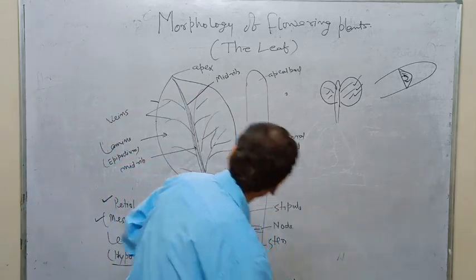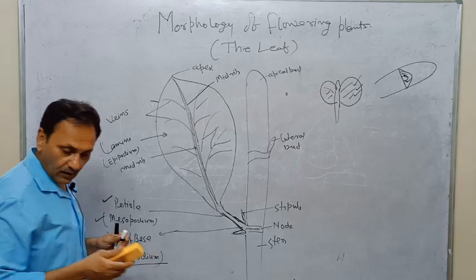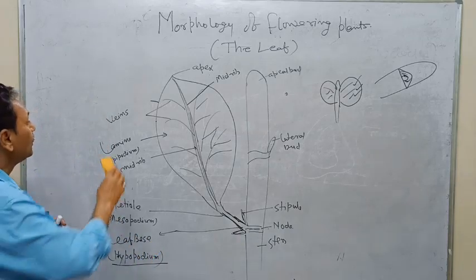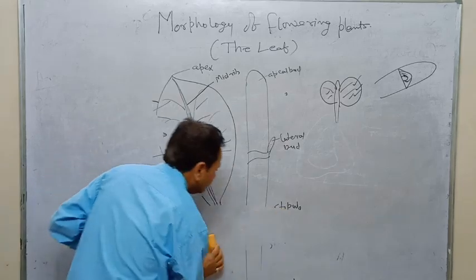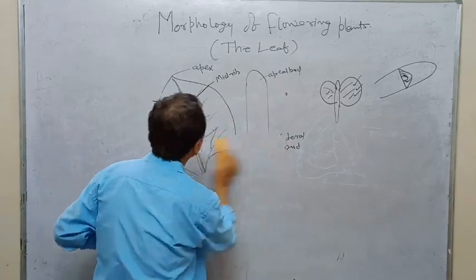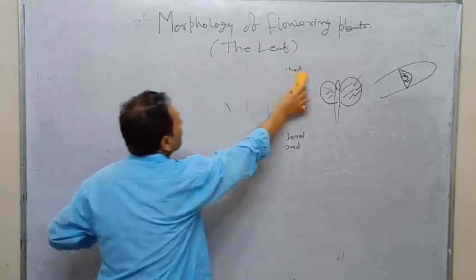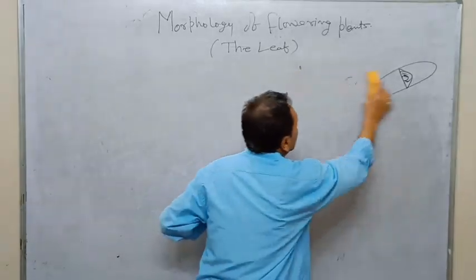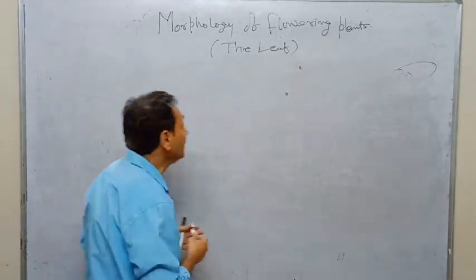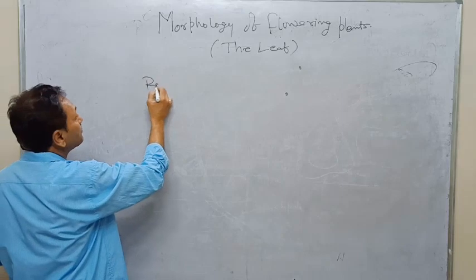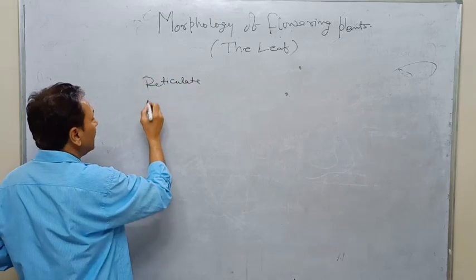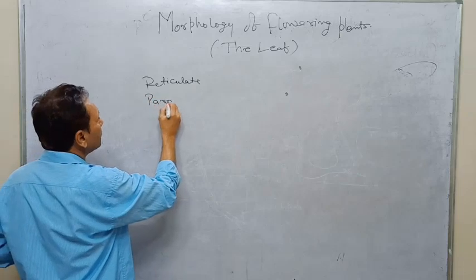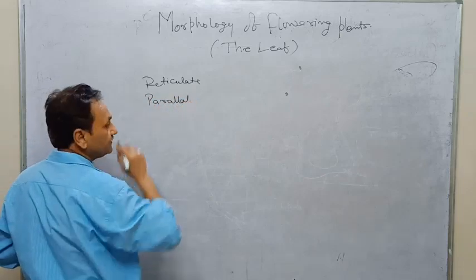Now, on the basis of the different types of venation, we can divide leaves mainly into two types: one having reticulate venation, and another having parallel venation.